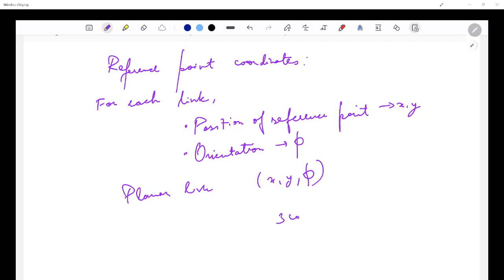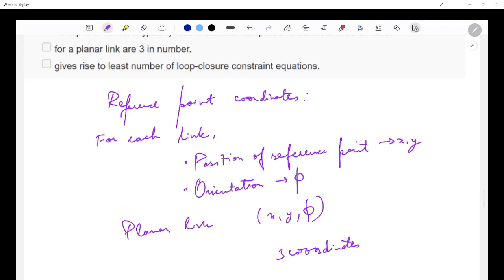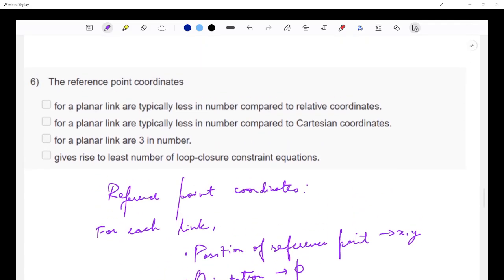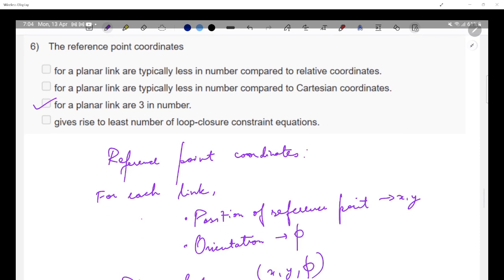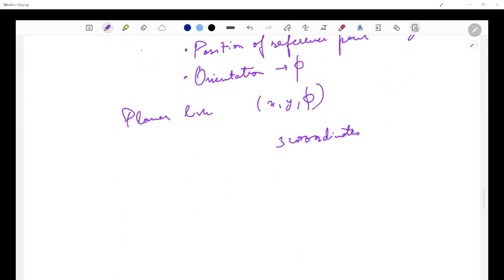Hence, we have 3 coordinates. Okay. So for a planar link, they are 3 in number. This is correct, right? Now, comparison with Cartesian coordinates, which are natural coordinates.